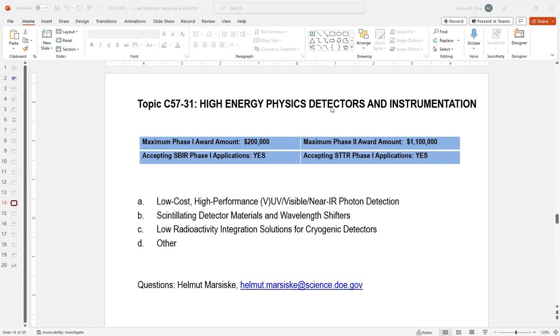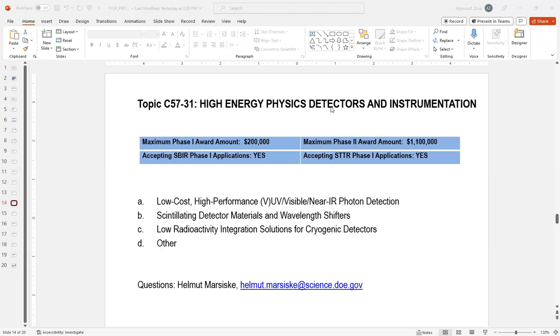And so we're looking for components, including, for example, interconnect boards, that is printed circuit boards, or coax cables, or any kind of other cables that we can use in those rare event search experiments that have very, very low radioactivity.